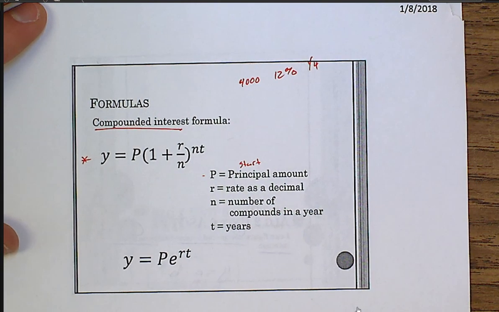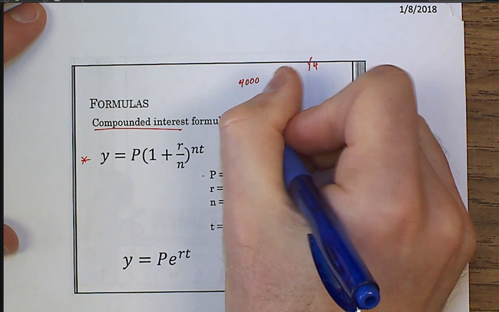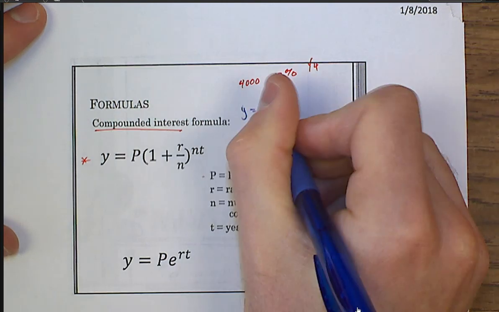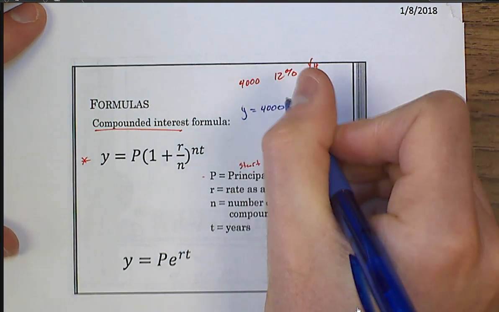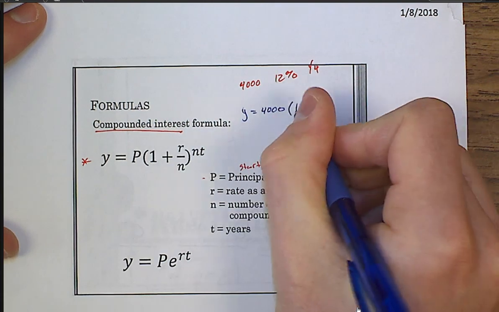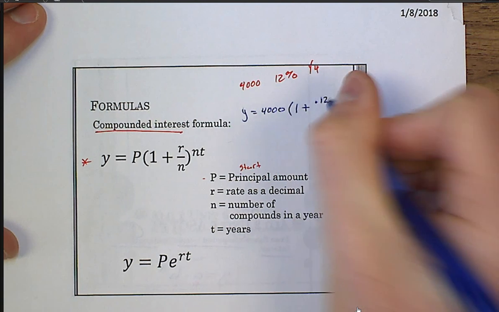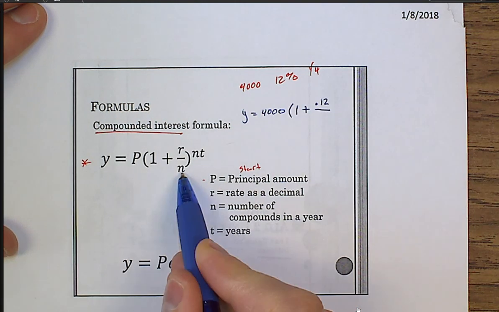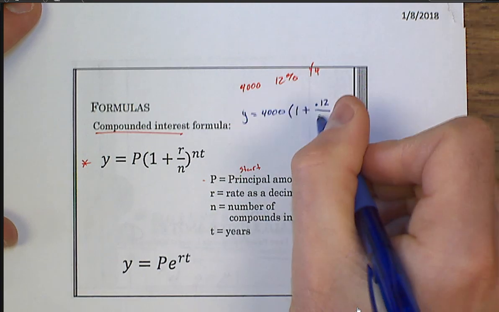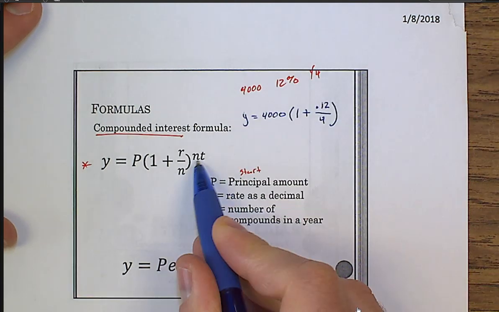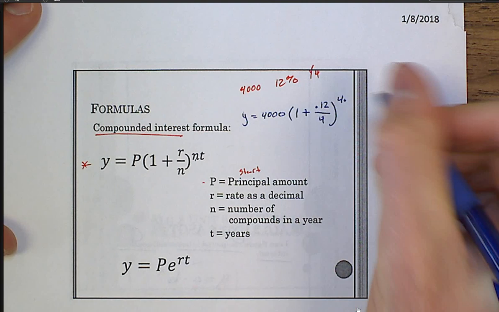So we got y equals, P is our $4,000, times 1 plus our rate, 12%. We have to write it as a decimal, so 0.12, over the number of times it's compounded, so 4 times because it's quarterly, and then 4 again times the number of years, 8.